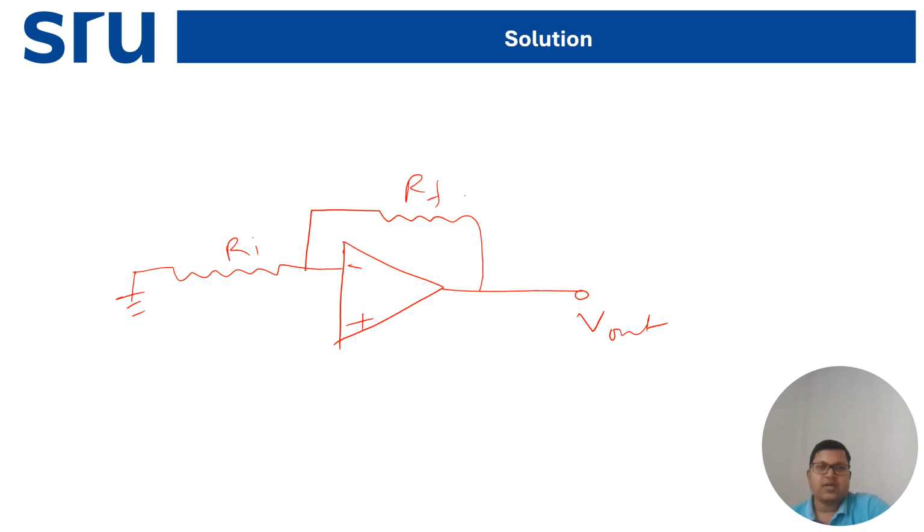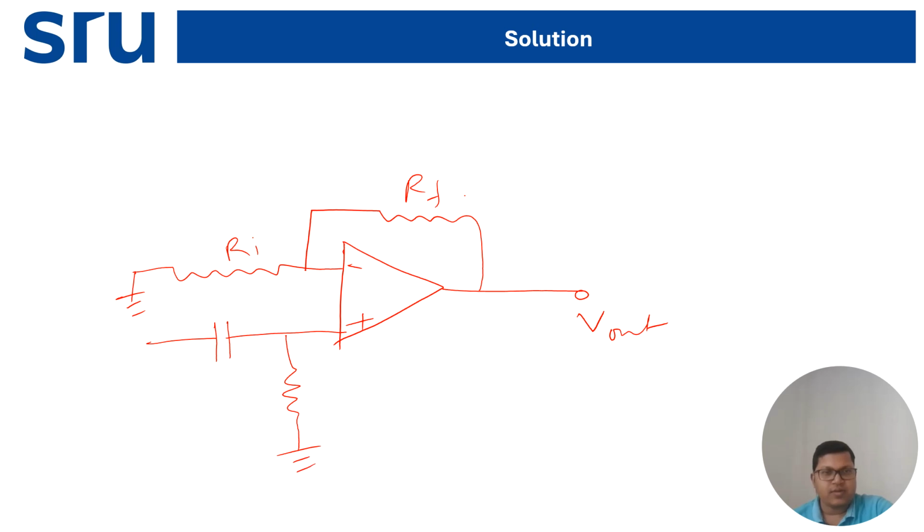So this Ri and Rf will set the gain of the amplifier, but the filtering circuit will be attached to the non-inverting terminal. As we noticed, for the low pass the capacitor comes down in shunt condition towards the ground, while for this one, which is high pass, we will use C here and R here.